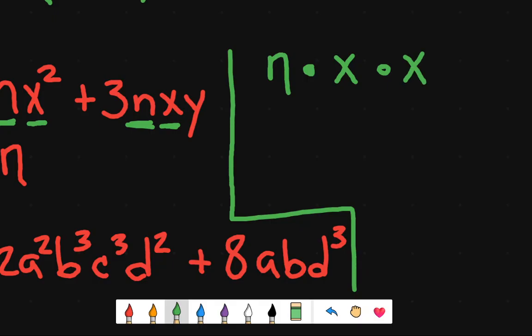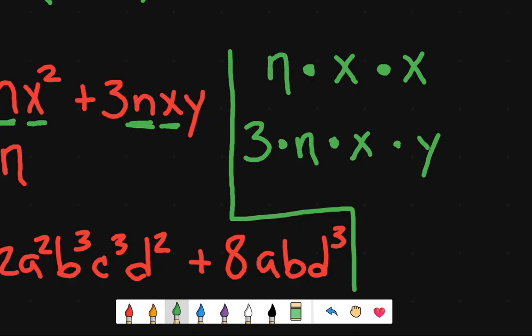That is actually n times x to the second power. And then 3nxy is actually 3 times n times x times y.